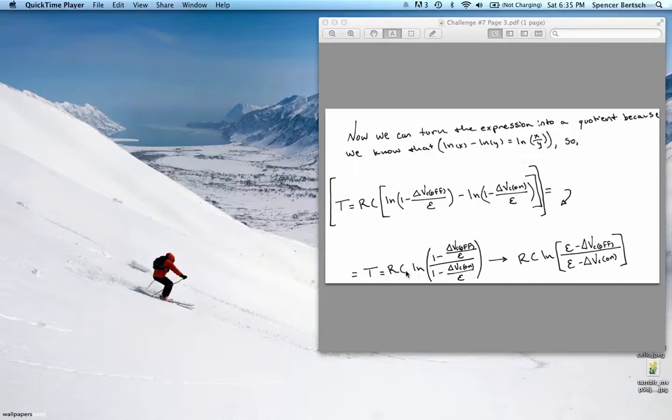T equals RC natural log of (1 minus delta VC off over E) divided by (1 minus delta VC on over E). And then because 1 can be rewritten as E over E, we can just cross out the denominators, and then we have E minus delta VC off over E minus delta VC on. I didn't write this step, but it's actually right here.